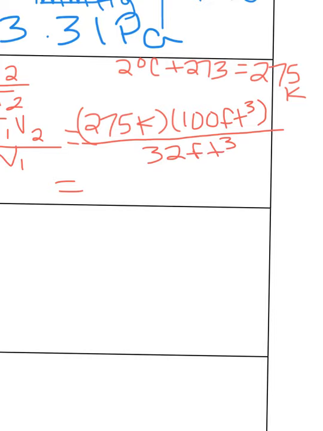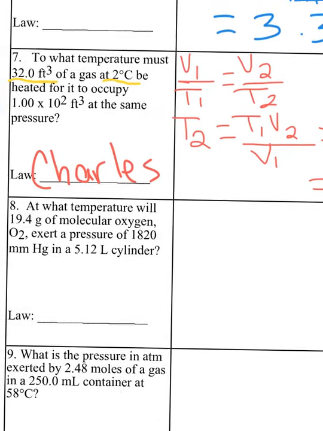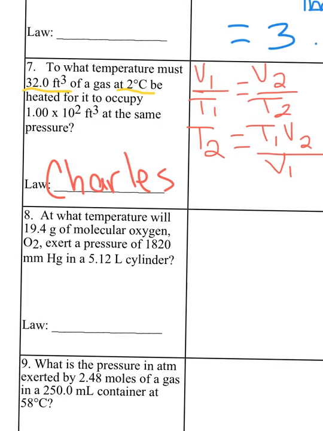Now, let's look at this. Charles' law: volume will increase if temperature increases. So it's pretty much saying the gas is going to be heated. The volume increased from 32 cubic feet to 100 cubic feet.